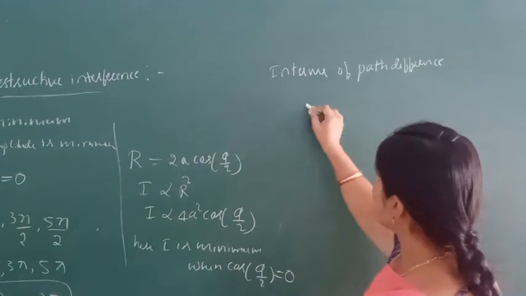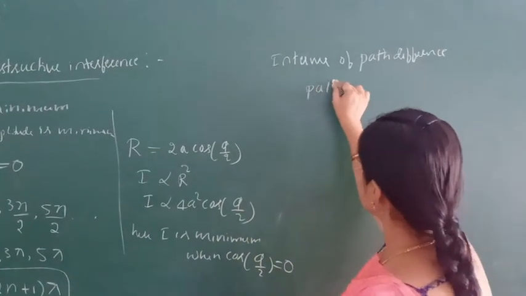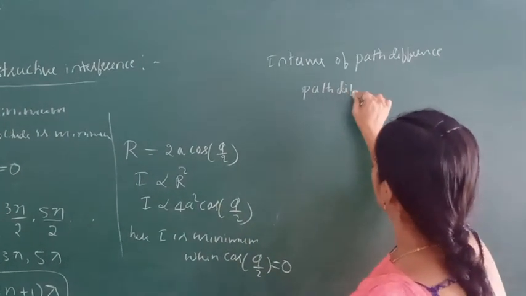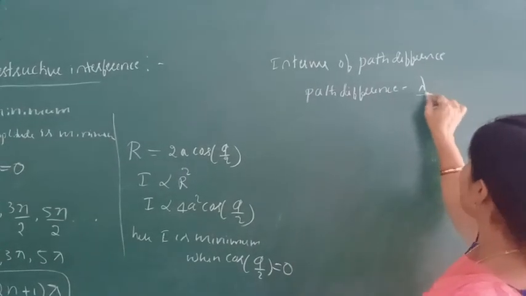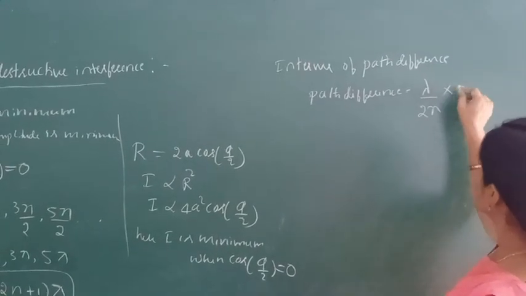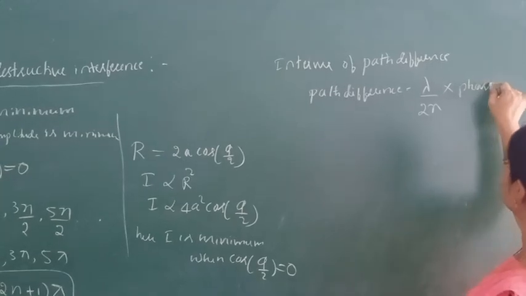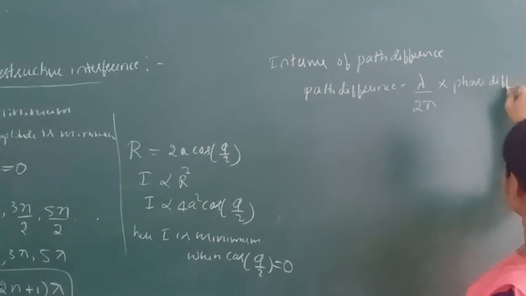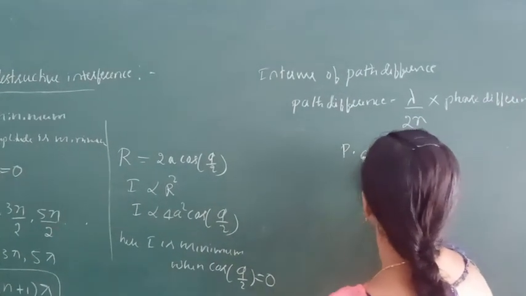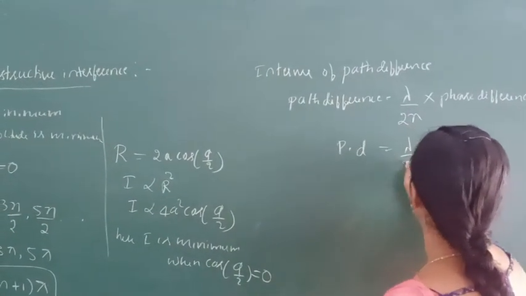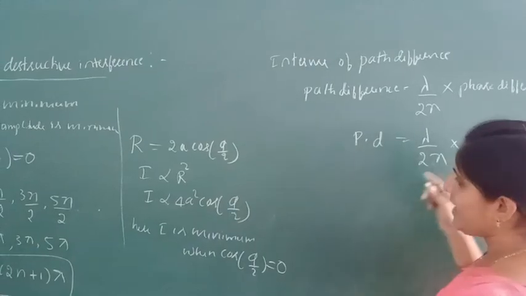Again we know that path difference is equal to lambda by 2 pi times the phase difference.